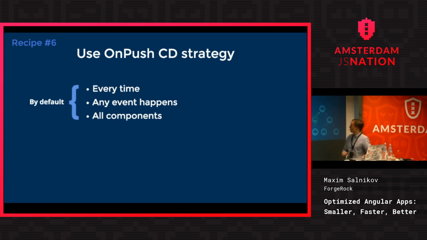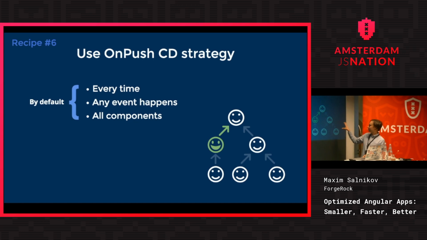So let's just imagine we have happy components, and one became very happy. Something happened in it, like someone clicked something inside. Wow, we propagated this event to the top, good, and our root component started to do data binding for all the tree. But these folks, they are not taking part in this process at all.